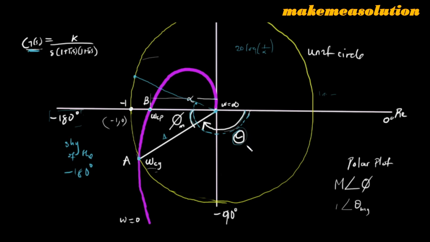Theta is the phase of the system, and this phase is calculated at this frequency. You calculate the phase of the system when the frequency is the gain crossover frequency, or when the amplitude of G of s is 1. After calculating this phase, we'll add it to 180 to get the phase margin. So these are the steps involved.